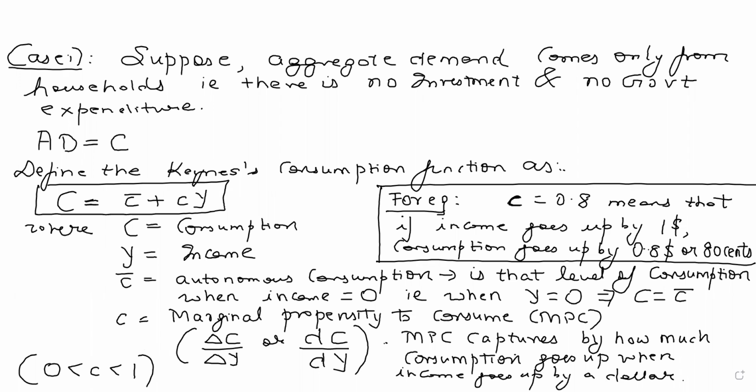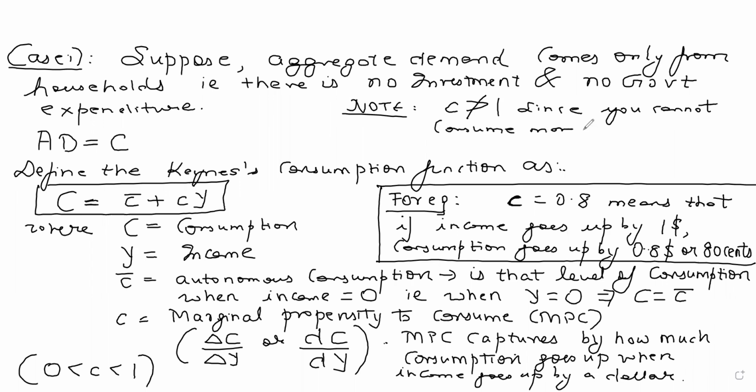So I can write a point here as a note that MPC cannot exceed 1 since you cannot consume more than your increase in income.